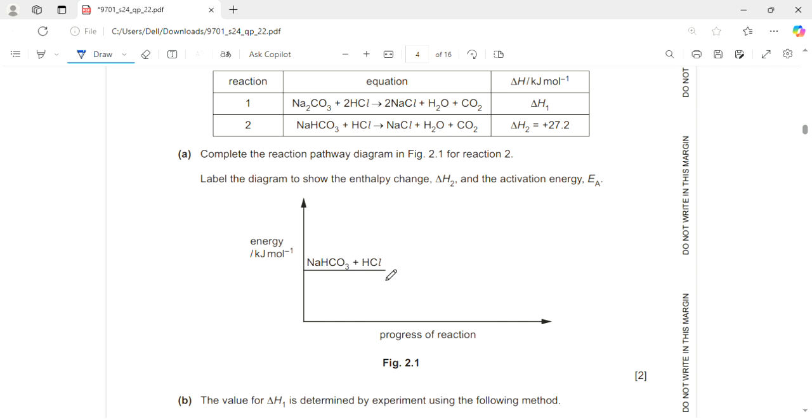It should be like this. Or no, it's not. It should be like this. I think something is missing here. Something like this.